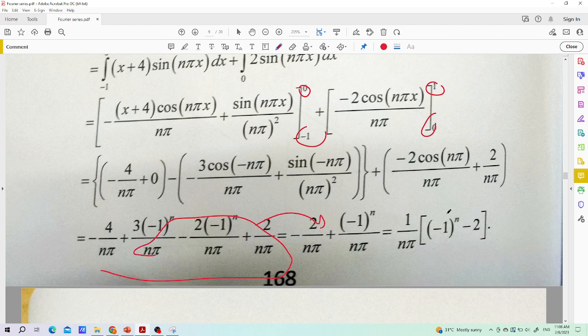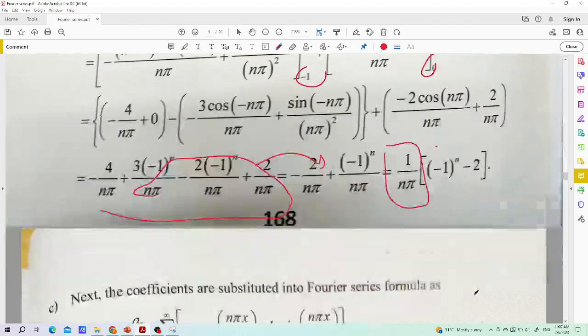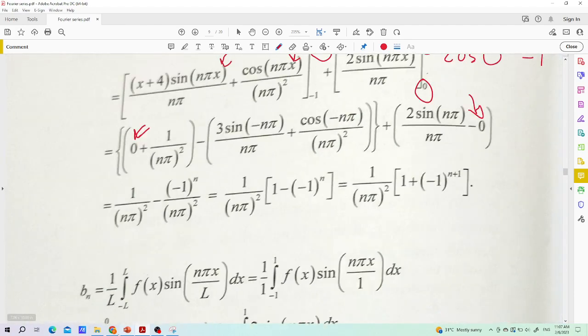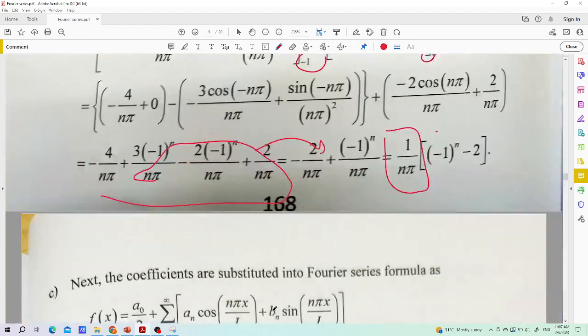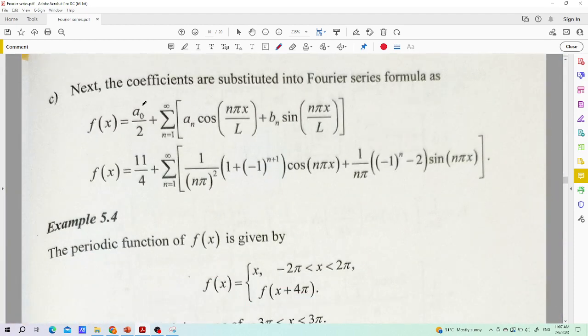And then from here we can put this as a constant, so we are just left with this. So you get the constants for b n, a n, and a naught.